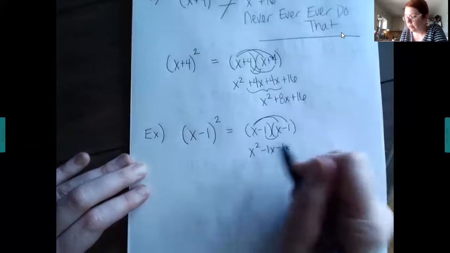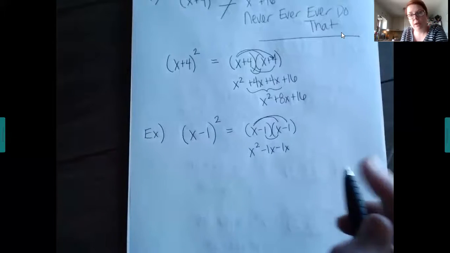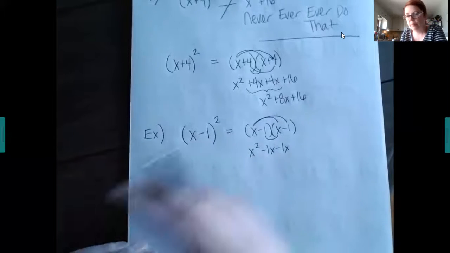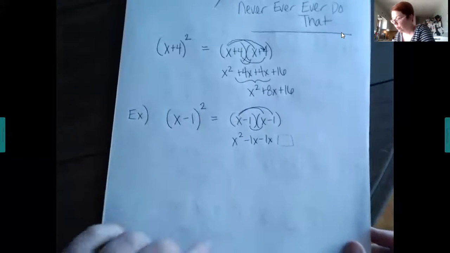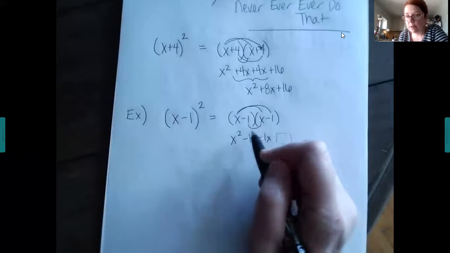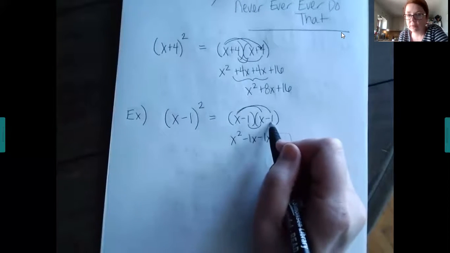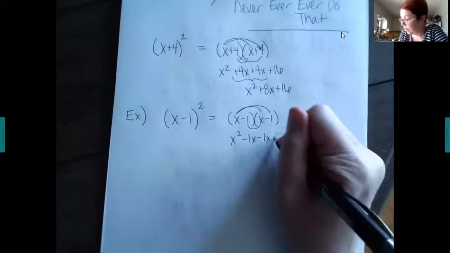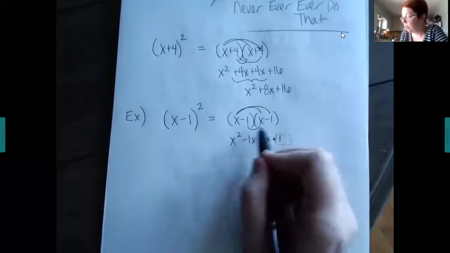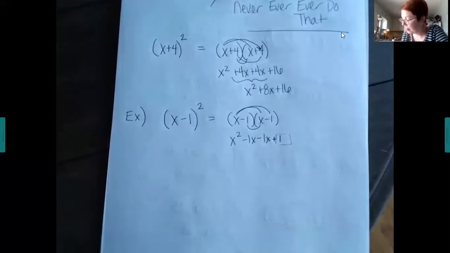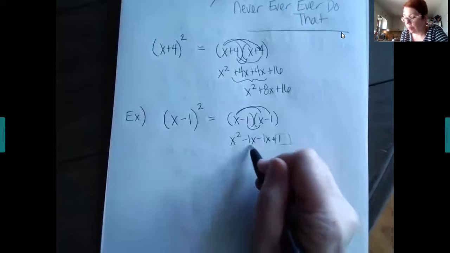And for some reason, this back number tends to trip people up, but still the same pattern, right? Negative 1 times negative 1 will be just a positive. Negative times negative is a positive. 1 times 1 is 1. These are not opposites.